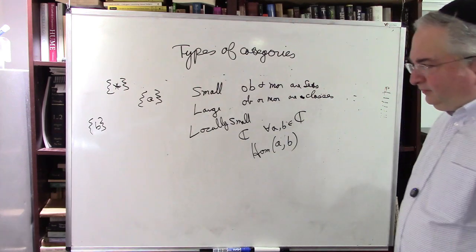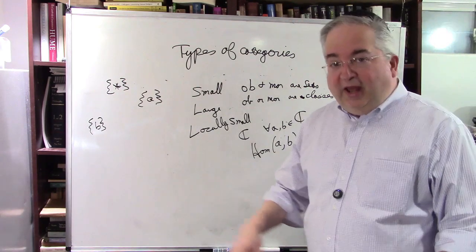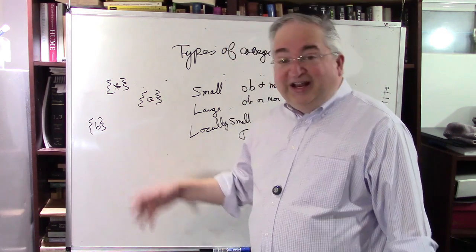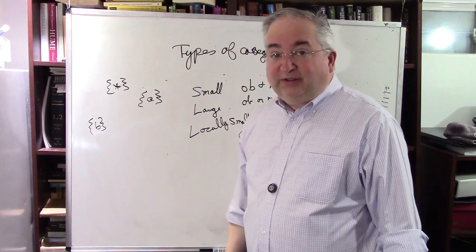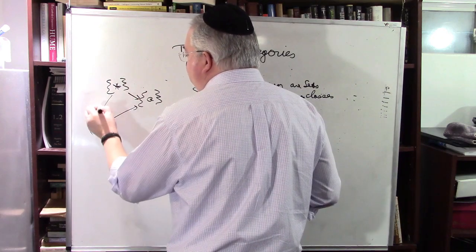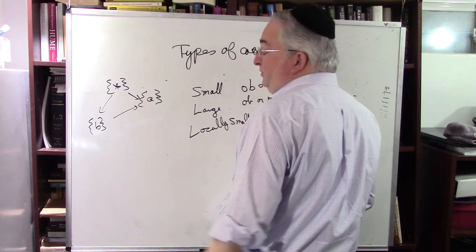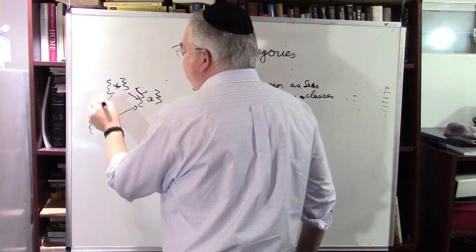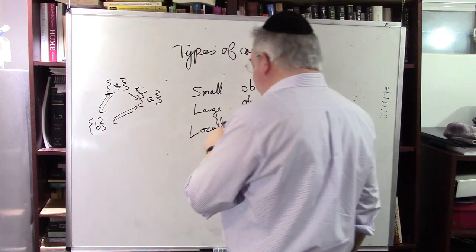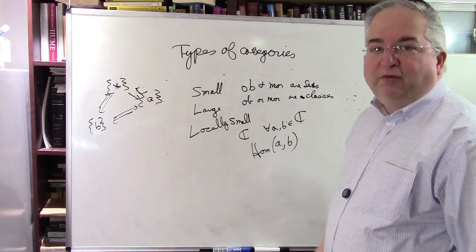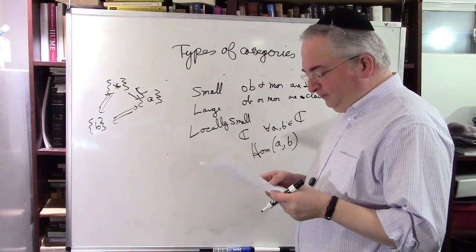There's a class of one-object sets, but between any of them there's exactly one morphism. So that's even smaller than locally small. There's exactly one morphism between any one of them.